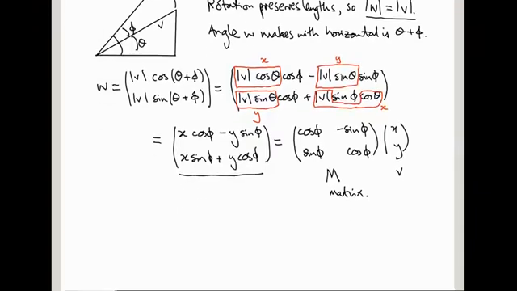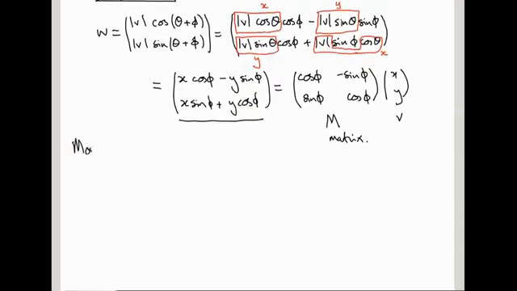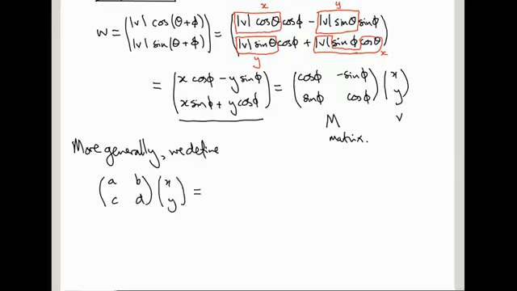So more generally, we define, given a 2x2 grid of numbers a, b, c, d, and a vector x, y, the product of this 2x2 thing into the vector to be a new vector, which is ax plus by, a times x, b times y, and then cx plus dy.